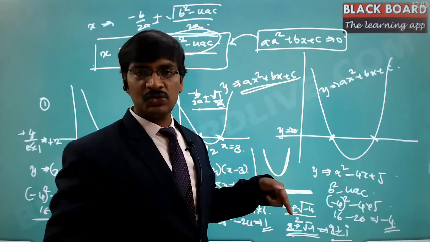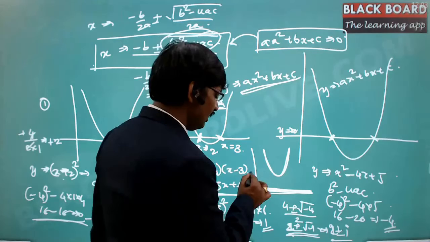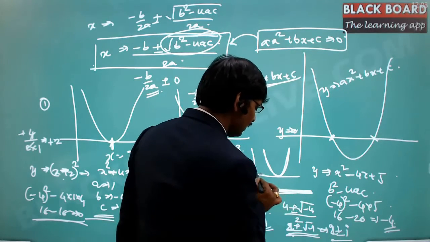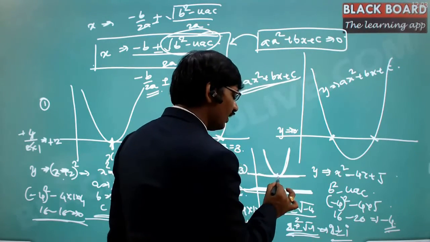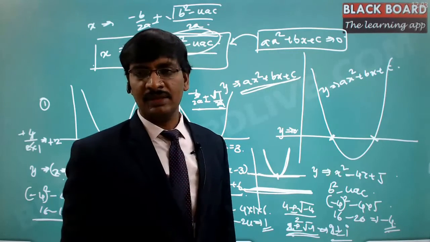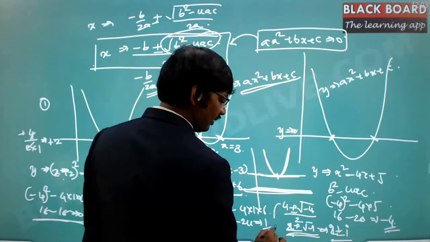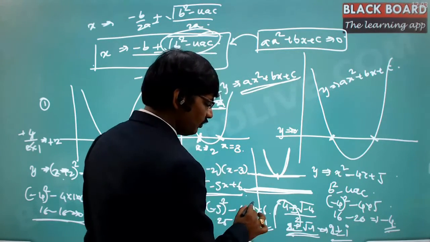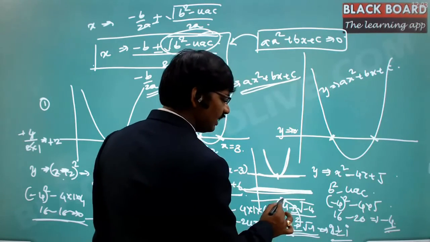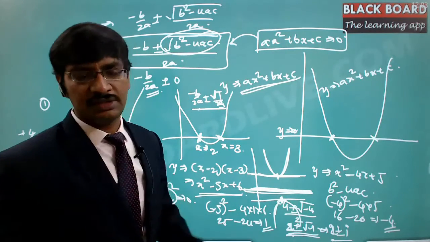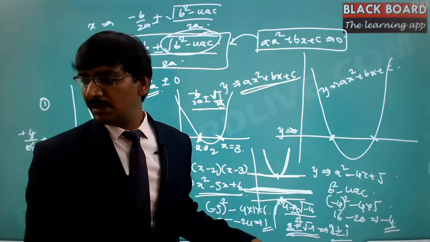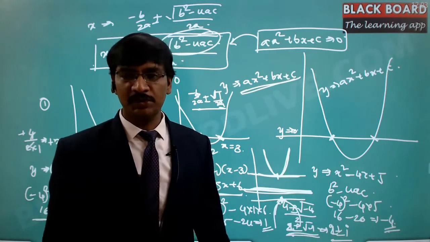But where are the solutions available? If you draw a straight line exactly touching at this particular point, you can find one solution here. Suppose the curve is of the other format like this, and you draw one more line here, even then you can find the solution here. That's exactly the meaning of expressing 2 plus i and 2 minus i.